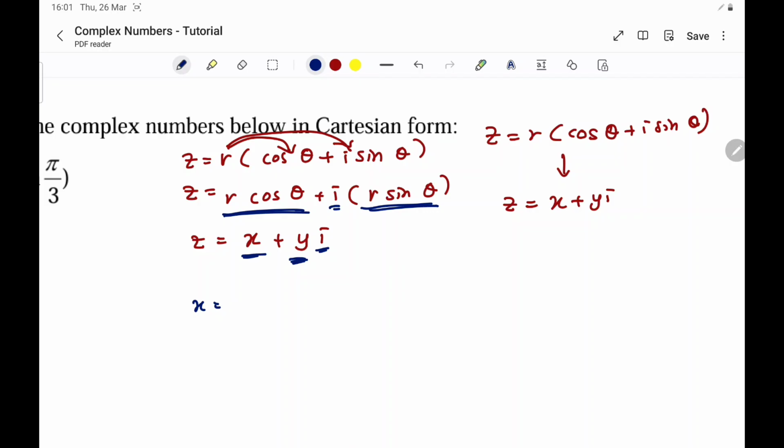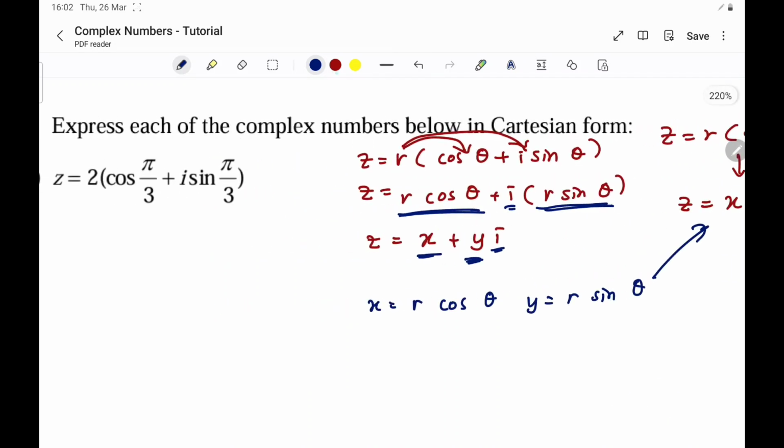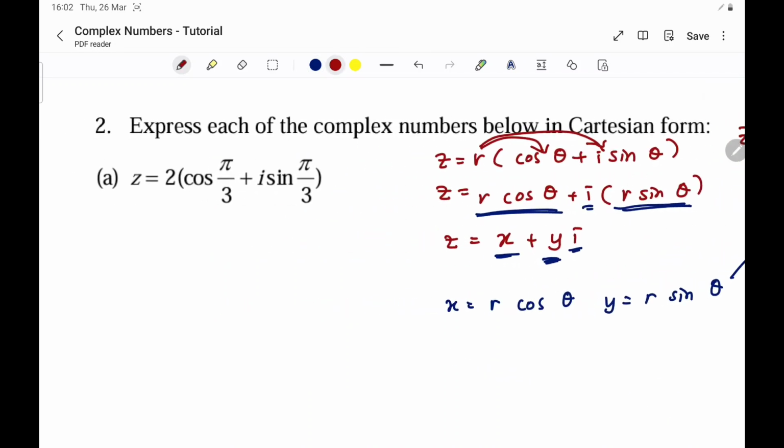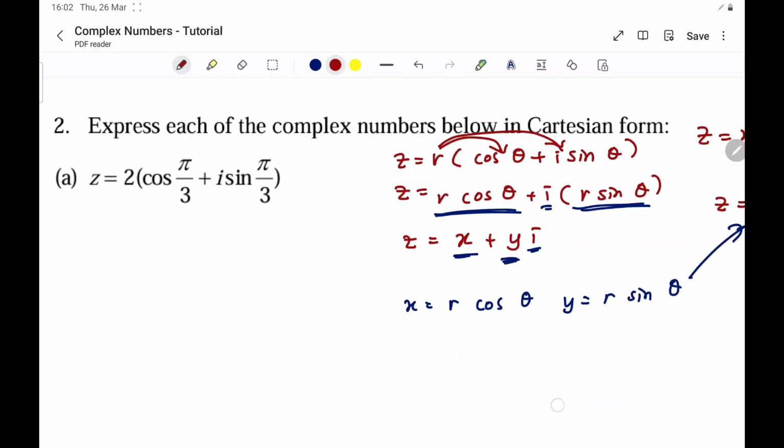In order to get x, it is r cos theta. To get y, it is r sin theta. So you have to get r and theta first, then you substitute inside x and y, and then you will get the Cartesian form. Okay, so now we find r and theta first.